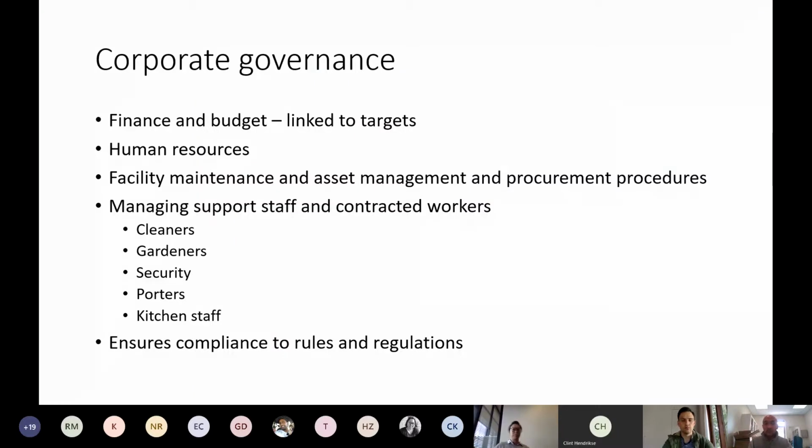Corporate governance includes stuff like your finance, your budget, human resources also on this side, maintenance, asset management, procurement, managing of all the contracts. It's how to manage the business part of it. Clinical governance is how to manage the clinical part of it.